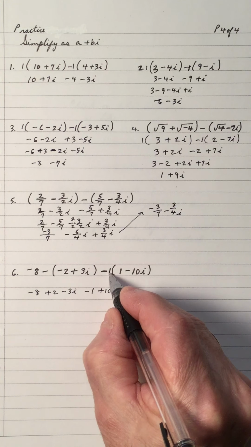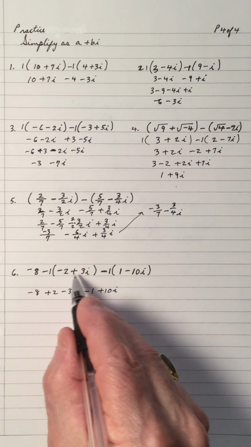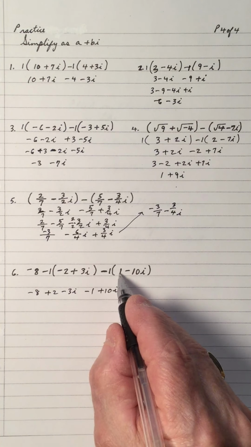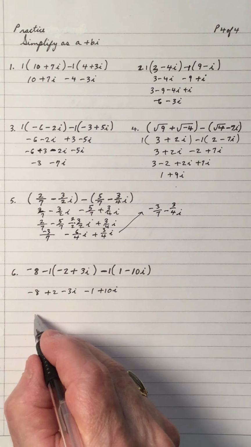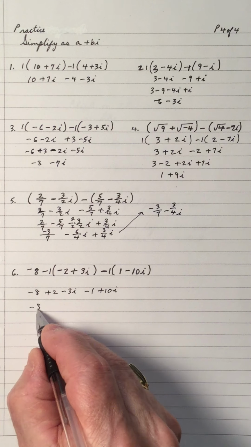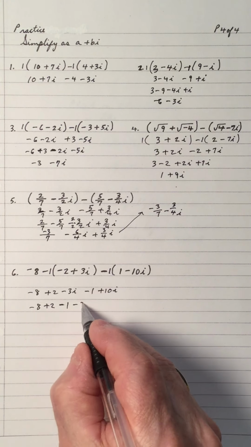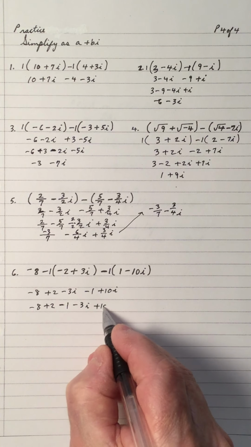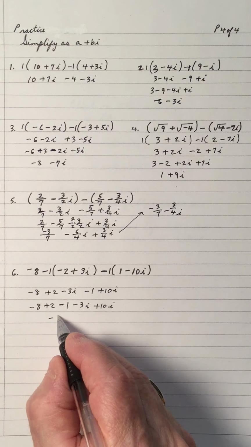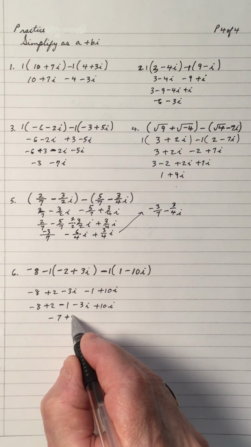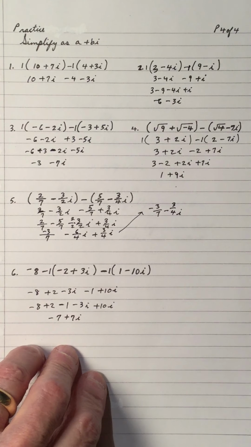Remember, I can put a 1, 1, multiply by negative 1 gives me positive and negative, negative and a positive. I'm going to group my real terms together, so I get negative 8 plus 2 minus 1, minus 3i plus 10i. That gives me negative 6... and negative 7 plus 7i as a complex number.